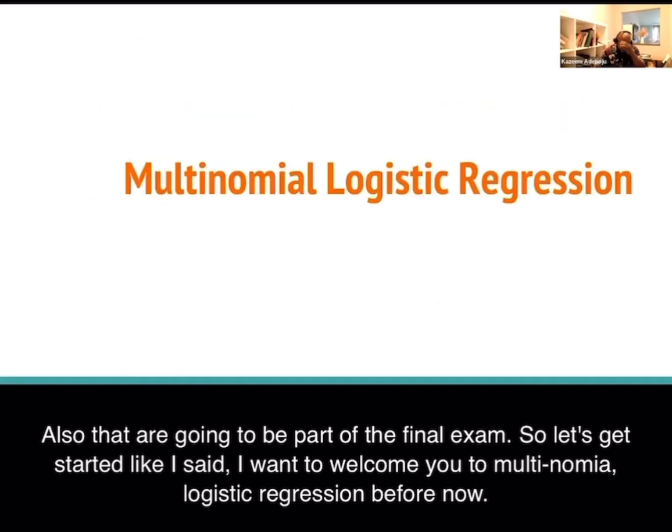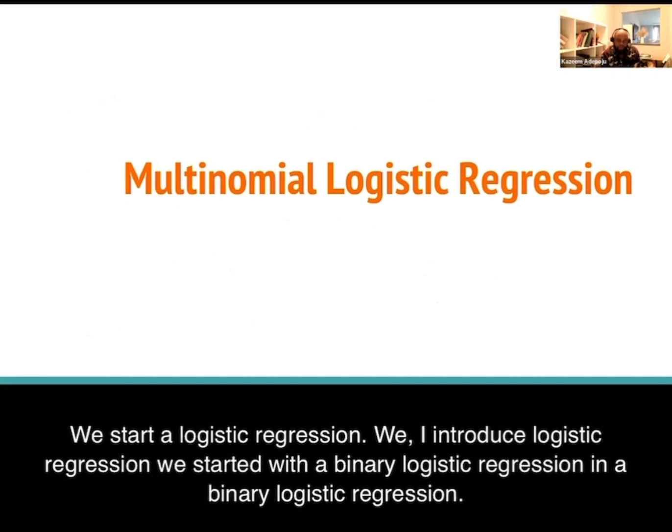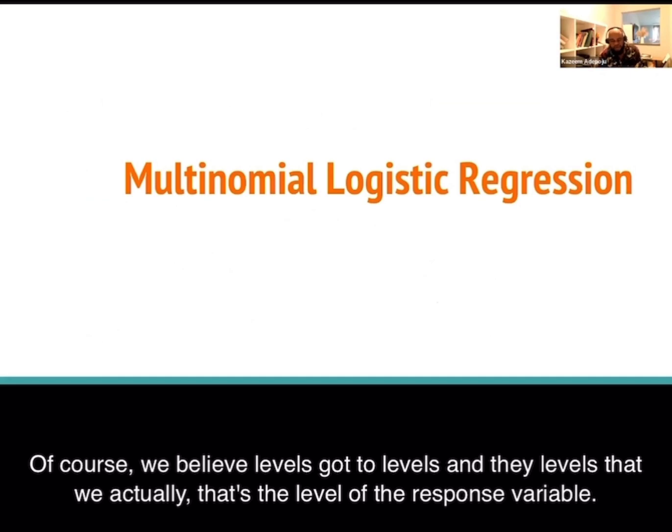Like I said, I want to welcome you to multinomial logistic regression. Before now, we started logistic regression. I introduced logistic regression, and we started with binary logistic regression. In binary logistic regression, we have two levels, the levels of the response variable.